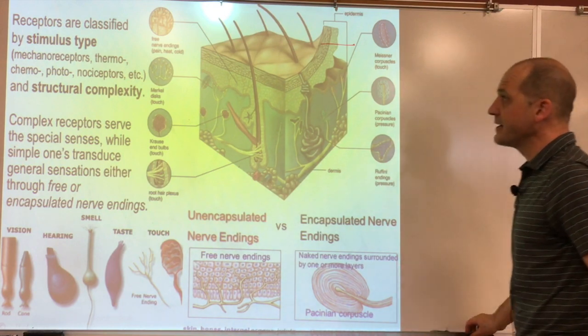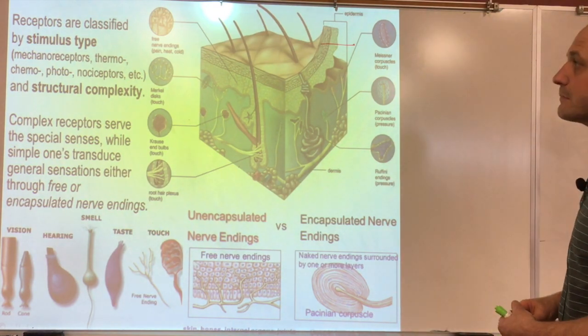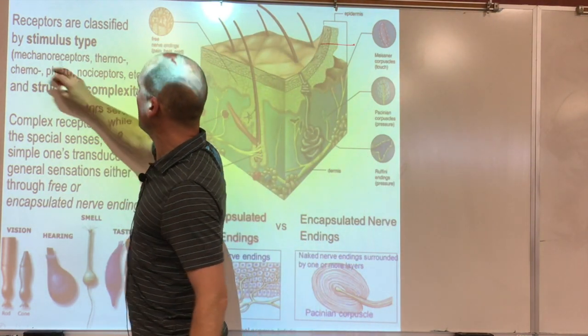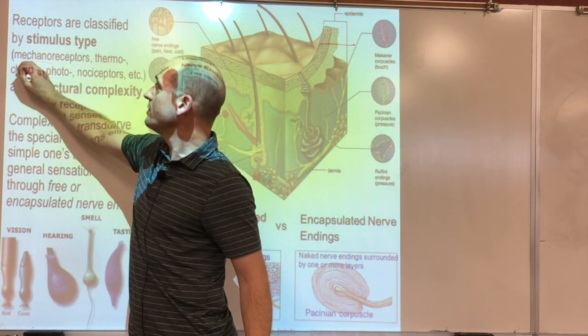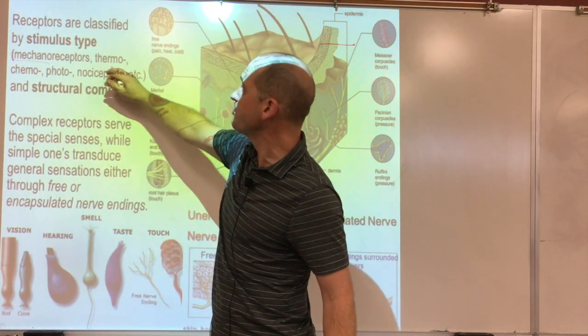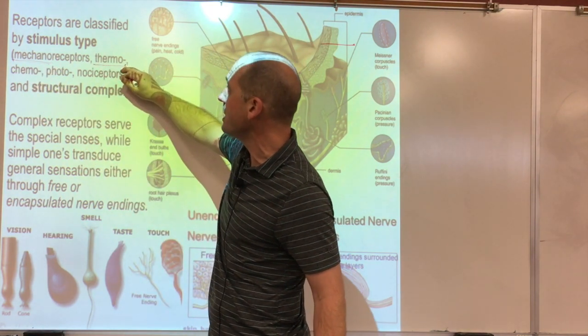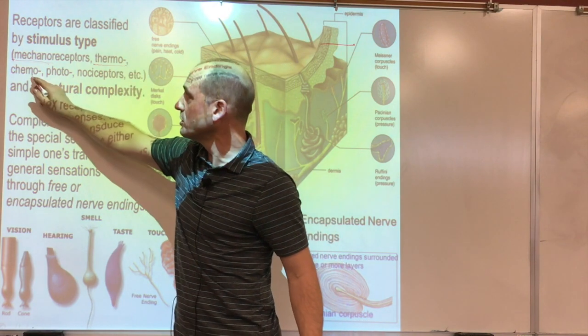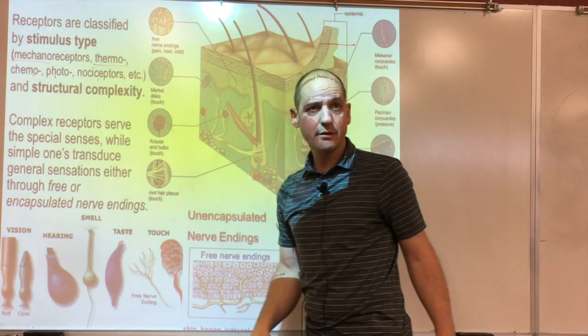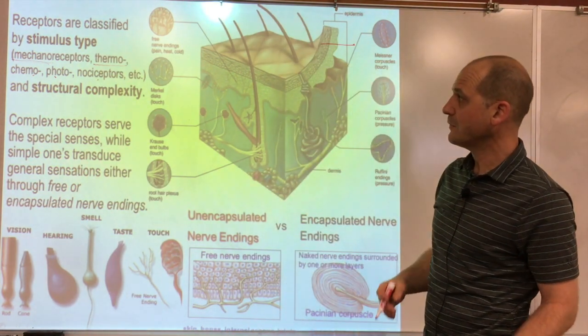Receptors can be classified by stimulus type. What do they transduce? Do they transduce mechanical deformation, like a pressure or a change like that? Do they transduce temperature, like heat, cold, or chemicals? Photo is light, and nociception is pain.